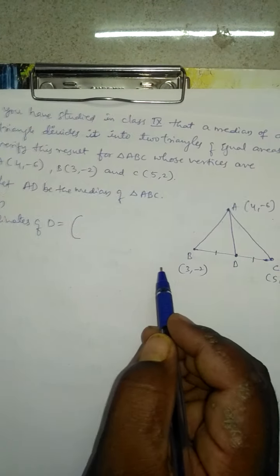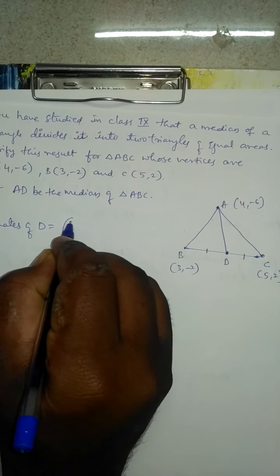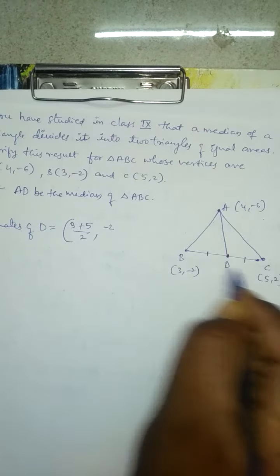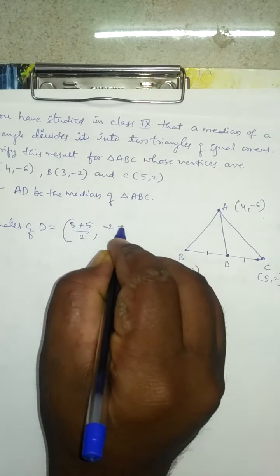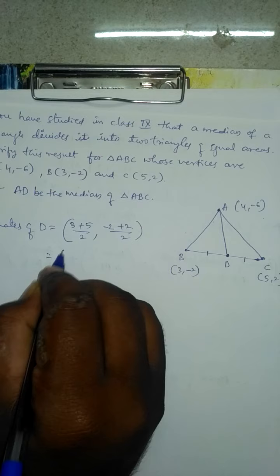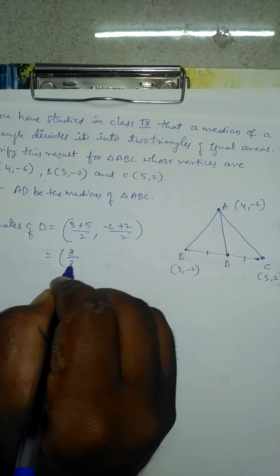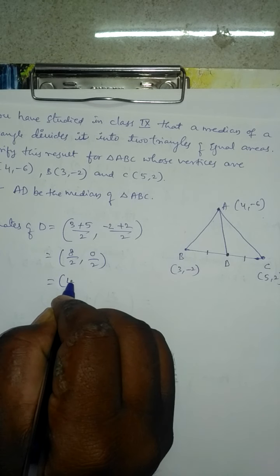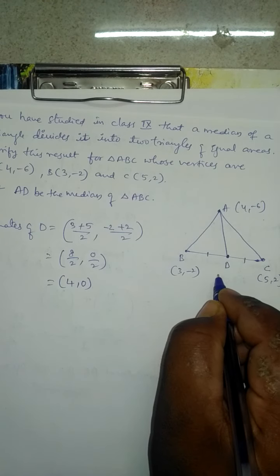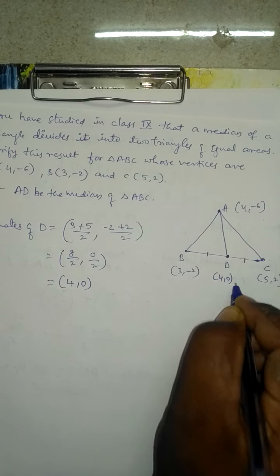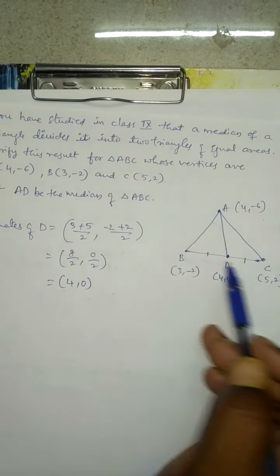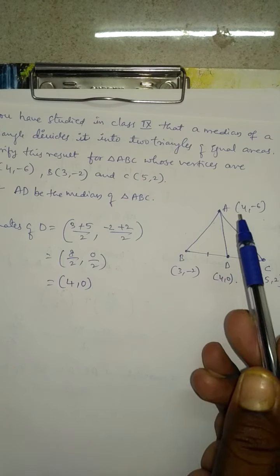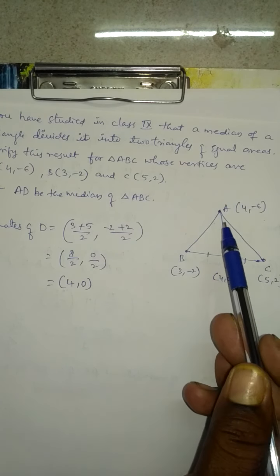So here 3 plus 5 divided by 2. Here minus 2 plus 2 divided by 2. So this is 3 plus 5 is 8 divided by 2. This is 0 divided by 2. So 2 ones are 2, 4s are. This is 4, 0. So coordinate of point D is 4, 0. Now by using coordinates of ABD, we have to find out area of triangle ABD.